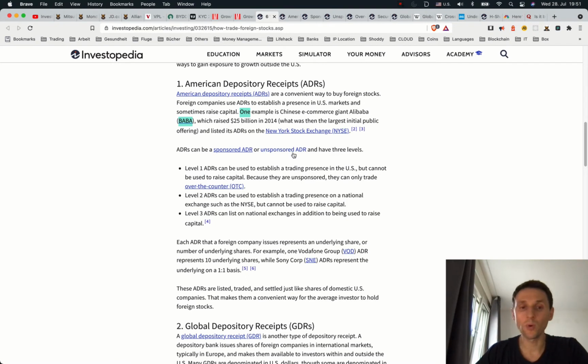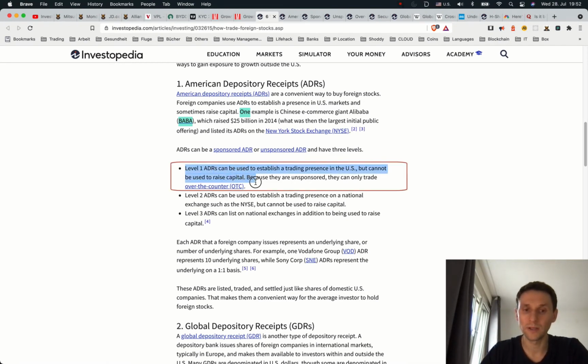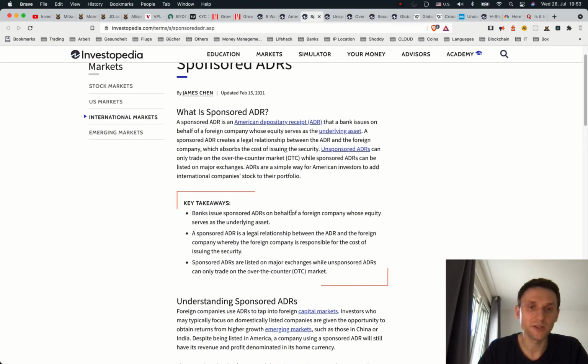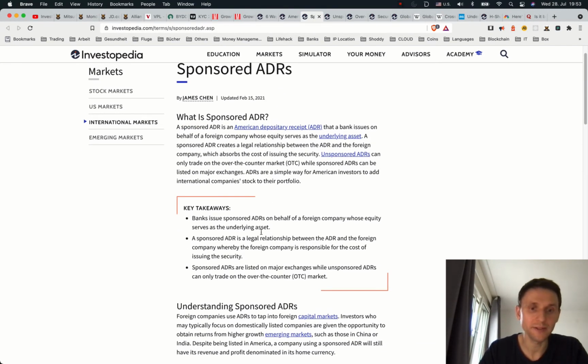And we also have unsponsored ADRs, and with those ADRs, foreign companies cannot be listed on a national stock exchange like on level 1, but shares of those companies can be traded, again like it was here, over the counter. So as a recap, we can see here some takeaways for our sponsored ADRs.